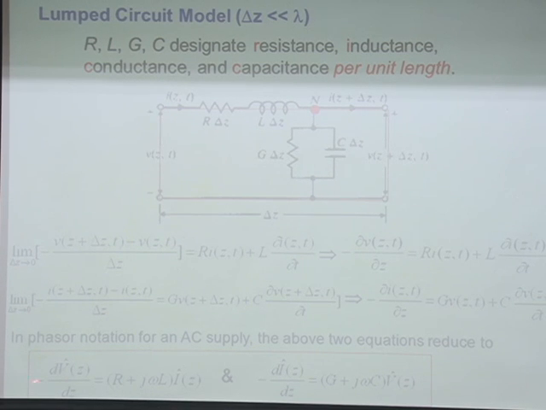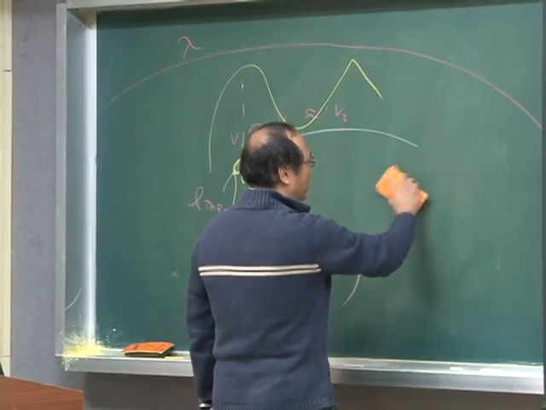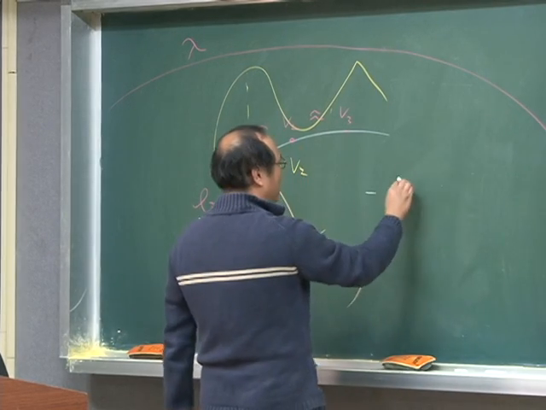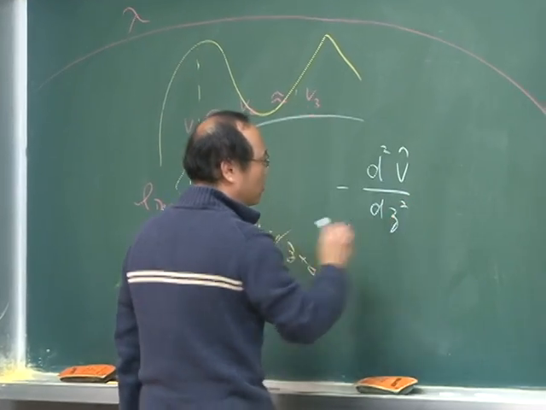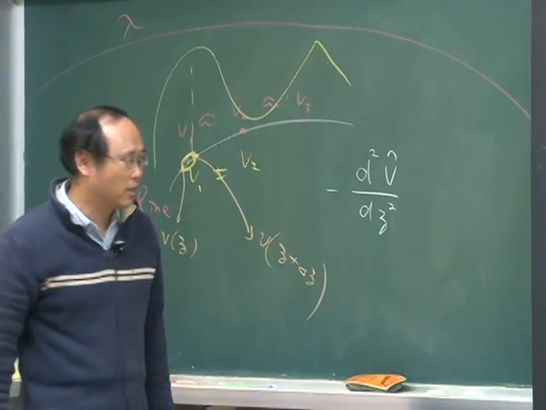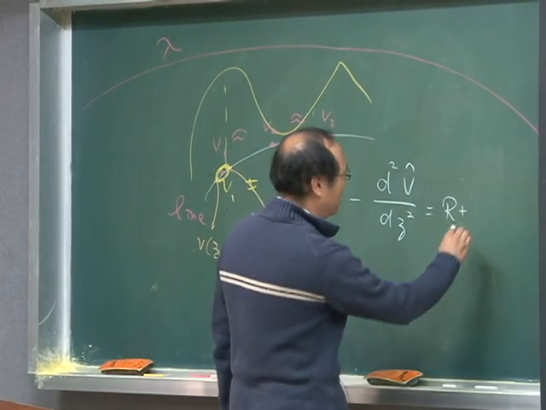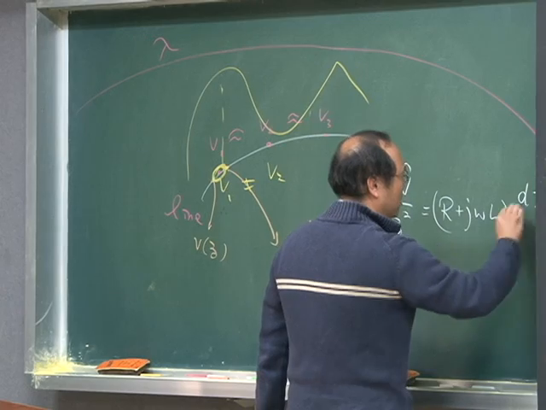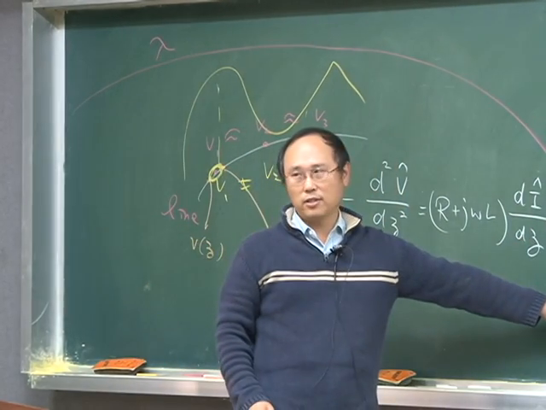Okay, so you create an expression that is only voltage. So let's try this. This is minus. Let's do two derivative with respect to z, and on the right hand side you have R plus what? J omega L, and then you have di dz. Right? You have this expression.